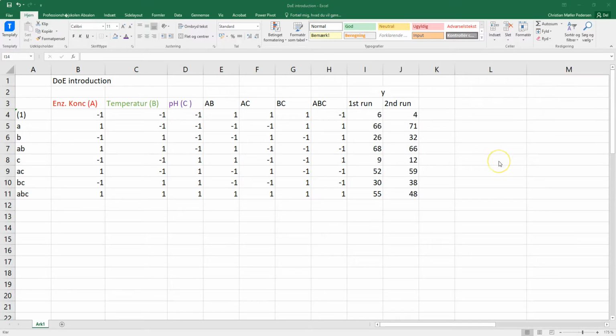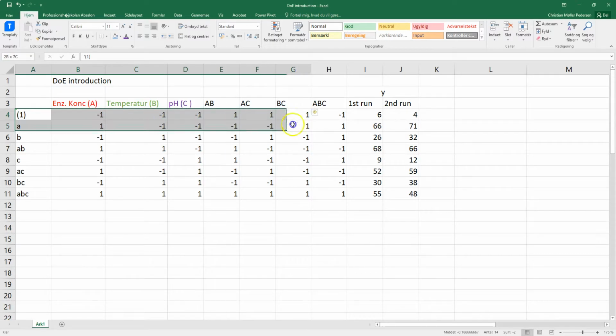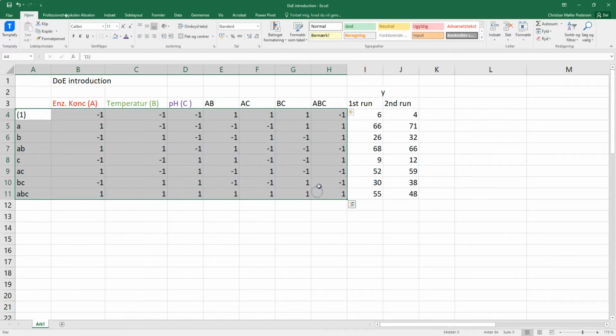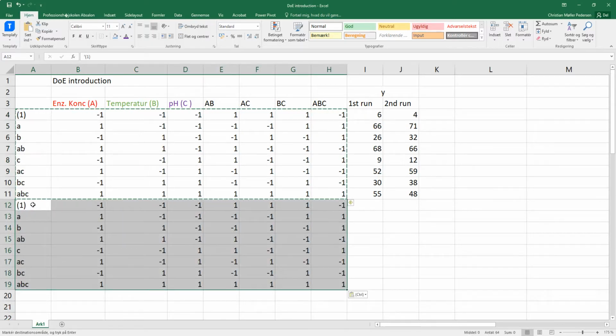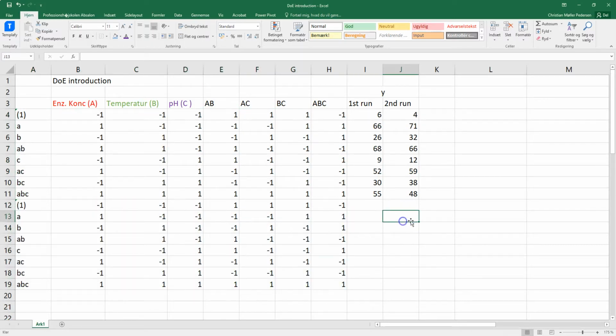Like that. And now we need to rearrange a little bit because we need to set up the data so that Excel can perform the regression. So what I'll do is I'll make a copy of all the X values here and the interactions. I'll just make a copy of that, put it down here. And then I'll copy the second run here and put it down here so that it matches.